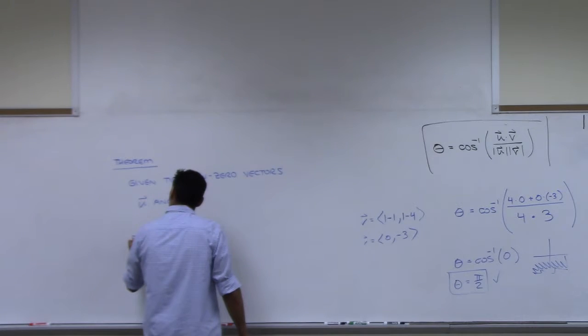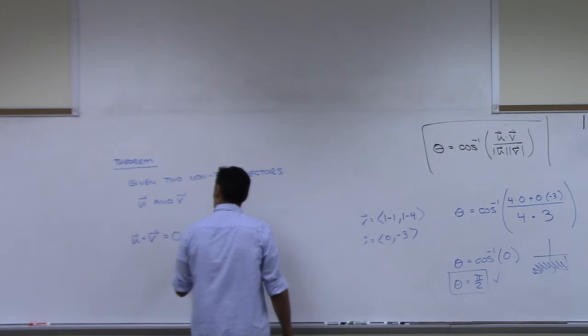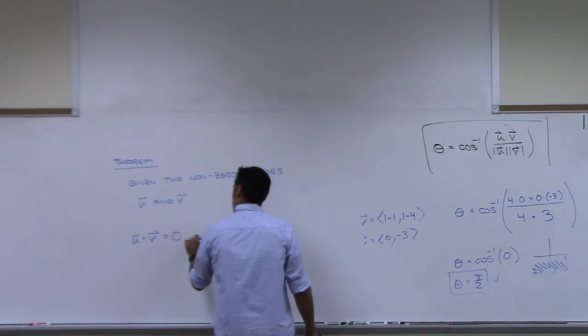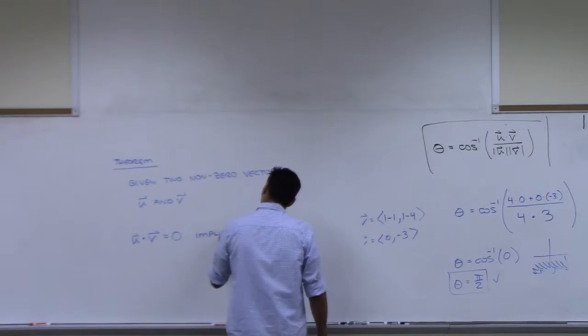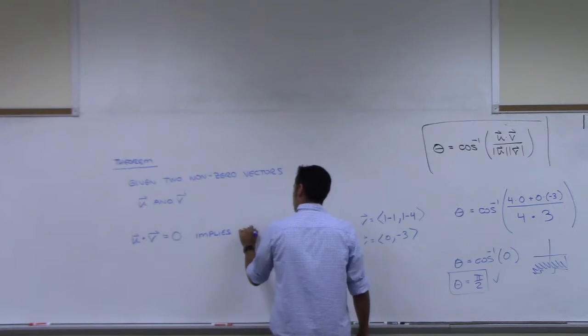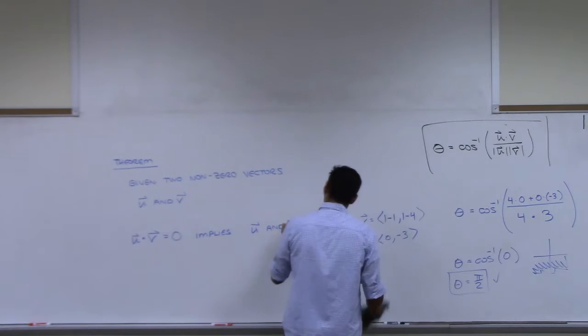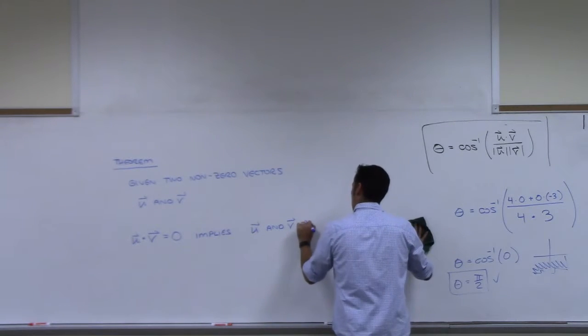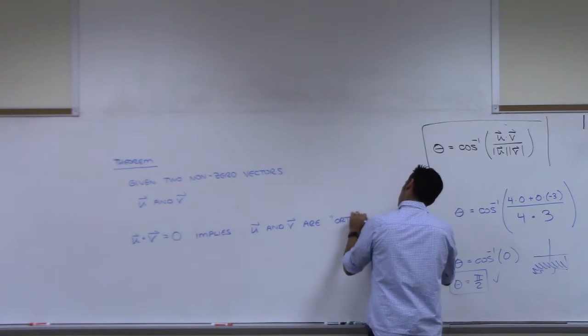u dot v equals 0 implies that u and v are orthogonal.